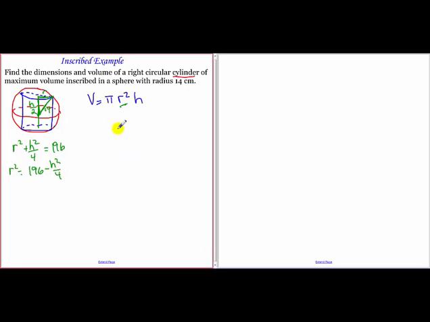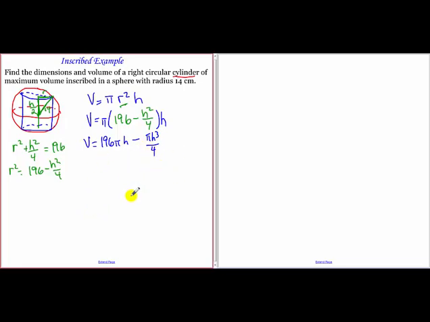Okay, so now volume equals pi r squared h. R squared was 196 minus h squared over 4. Then I simplify that. And I'm going to distribute the pi in and the h in. Okay, so that's our volume equation.